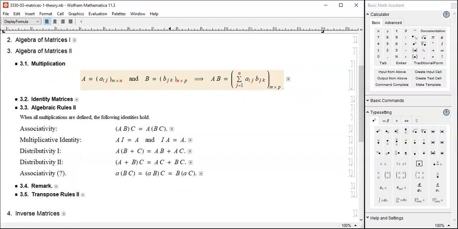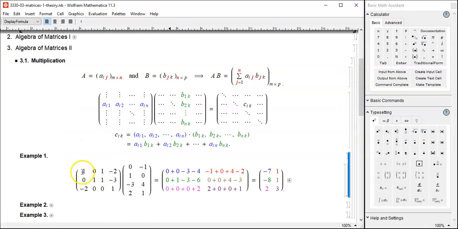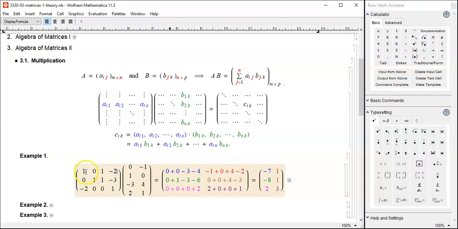Now, in terms of computation, everybody went through several exercises by now, so you'd know what you're doing. Basically, we do these kinds of computation. First row, first column. Take the scalar product of it, and we get the 1, 1 entry.